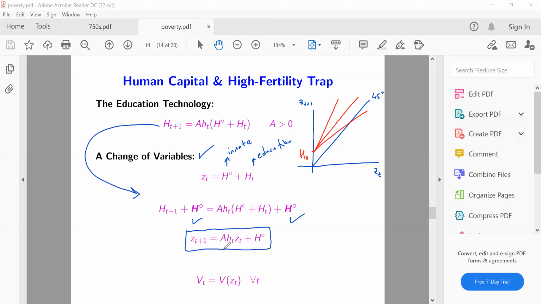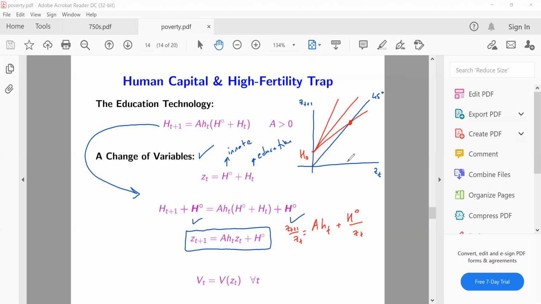What is the slope equal to? The slope is equal to A times HT, because ZT plus 1 divided by ZT is A times HT, plus H0 divided by ZT. So the slope of this will be A times HT, and this is the intercept, of course, and the growth.